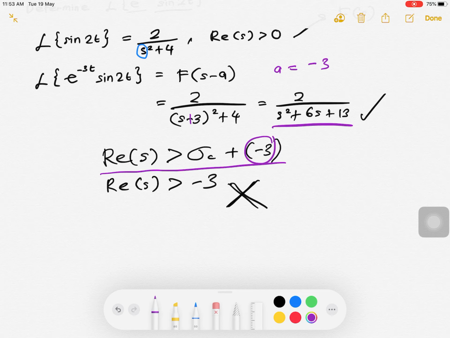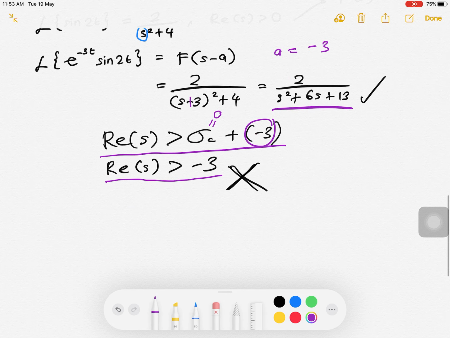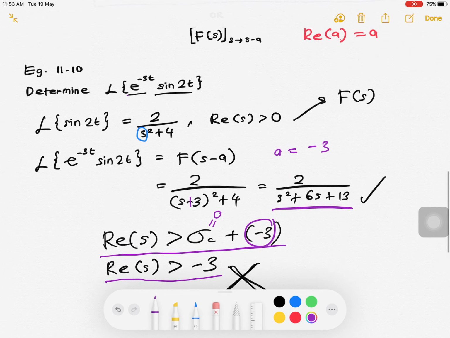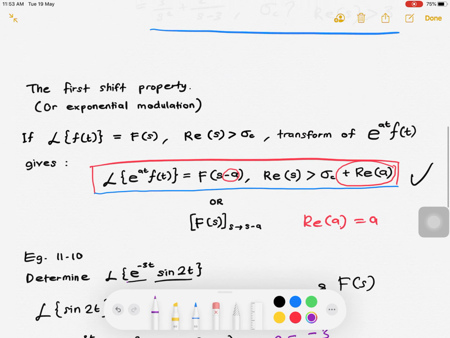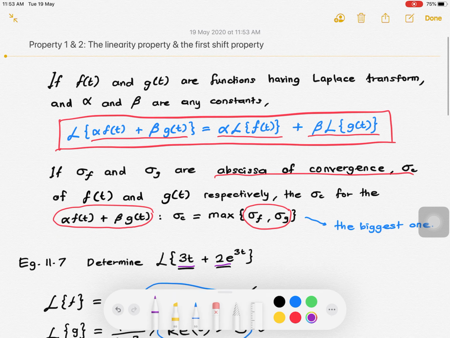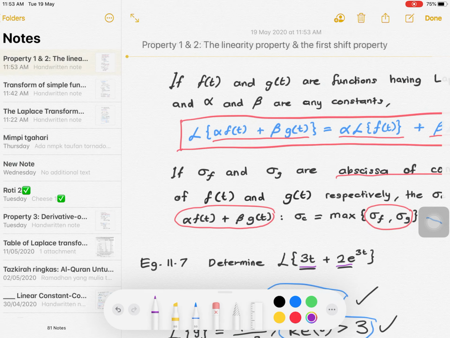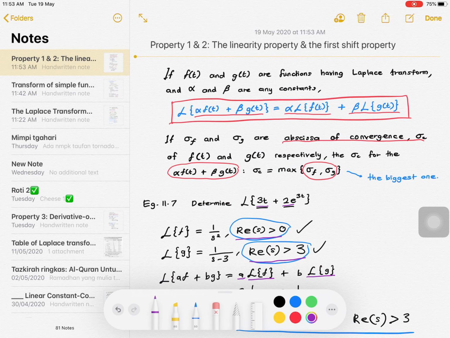Since epsilon c is equal to 0, this is the new condition for the function. So there you go, that is the final answer for example 11.10. That is the two properties that we learn right now. So now we can go to the third property.